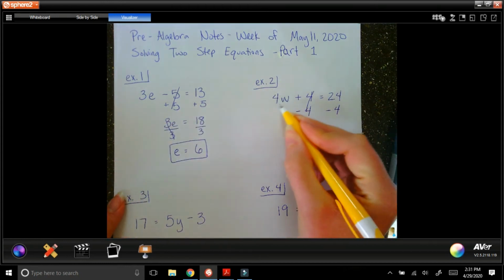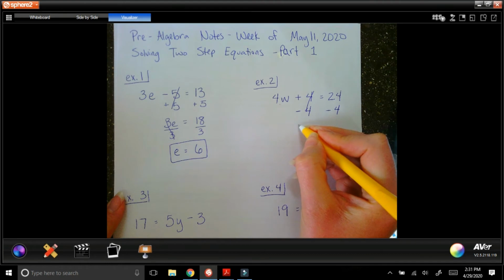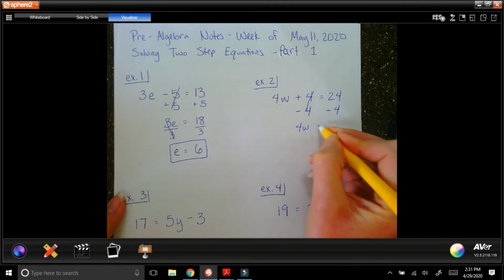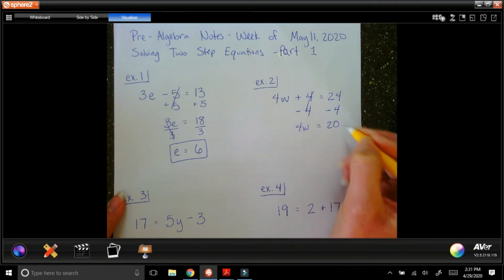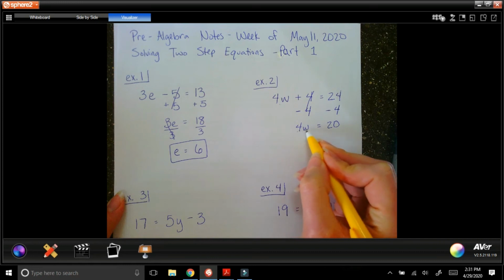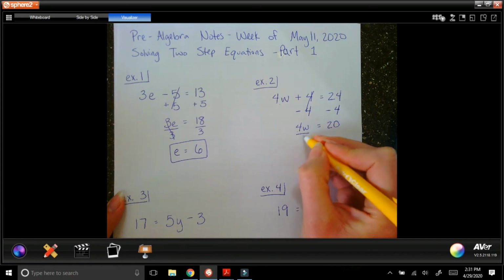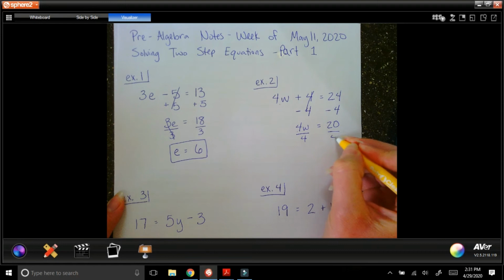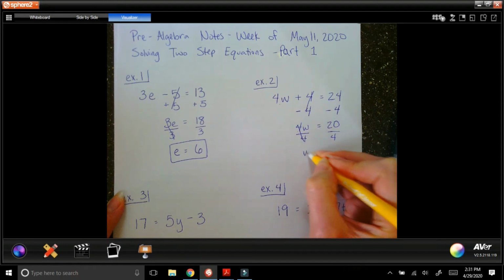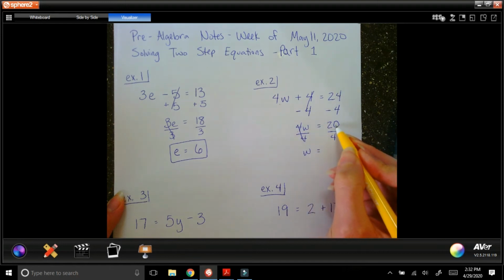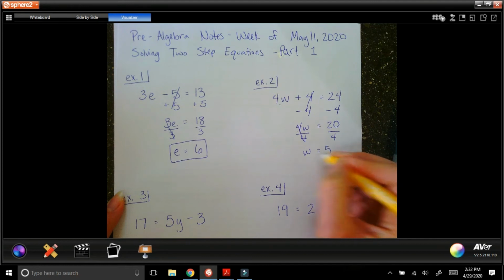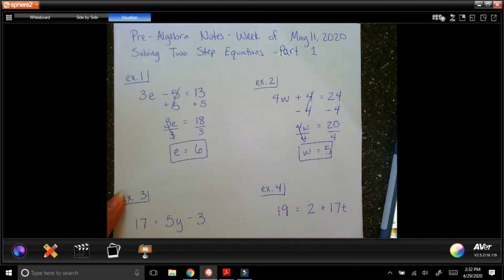But instead of just having w left, like we had last week, now we have 4w equal to 20. And then 4 times what number equals 20? Well, what you could do to get that is divide each side by 4. So w equals 20 divided by 4, which is 5. And again, you could always go back and check this on your calculator.